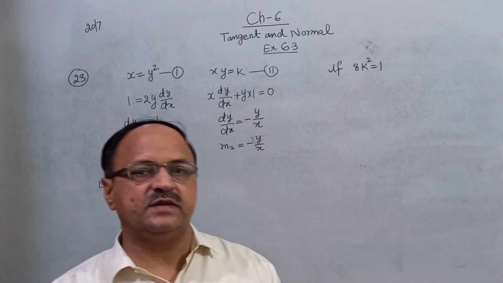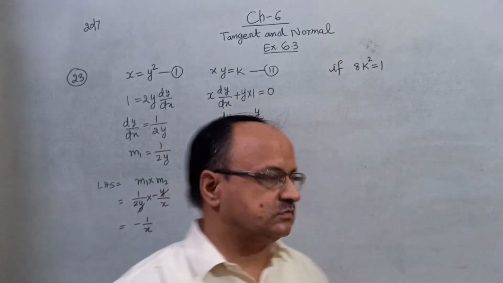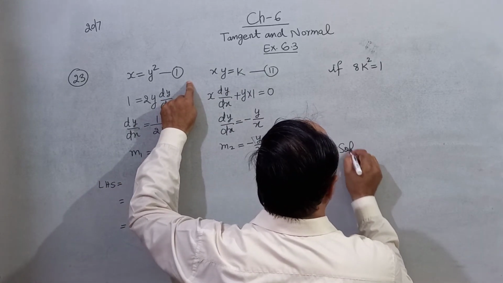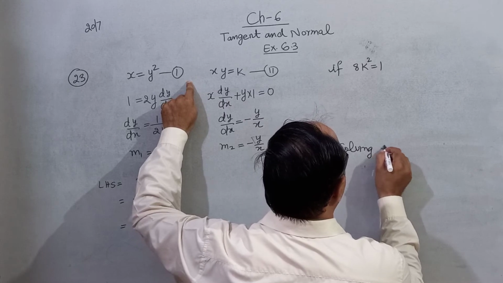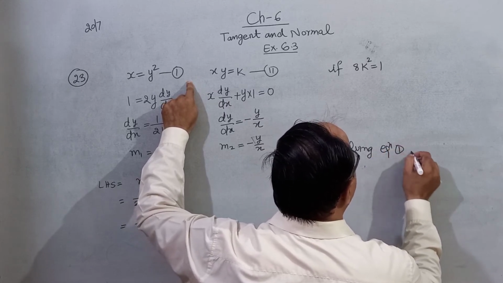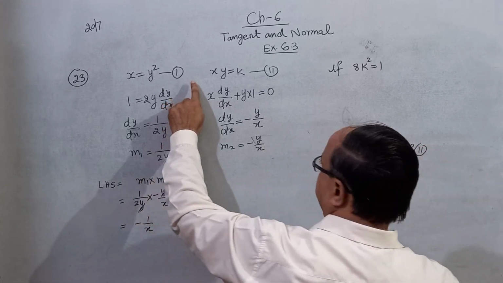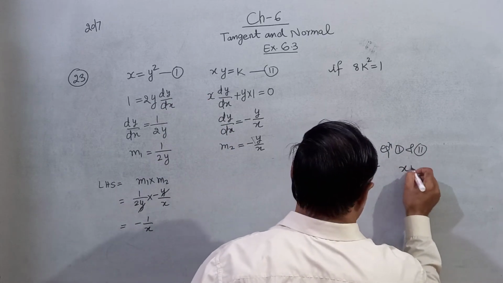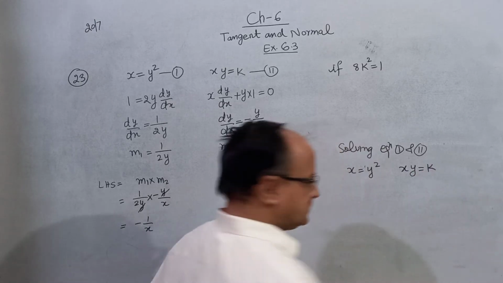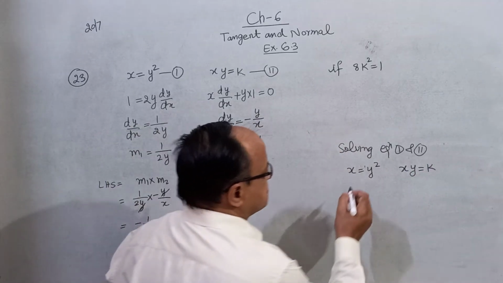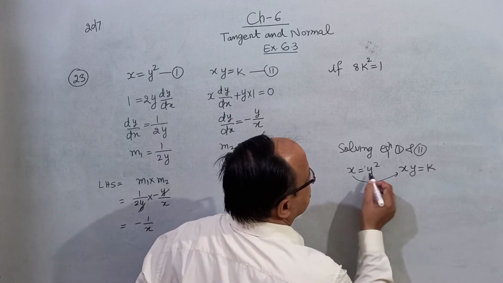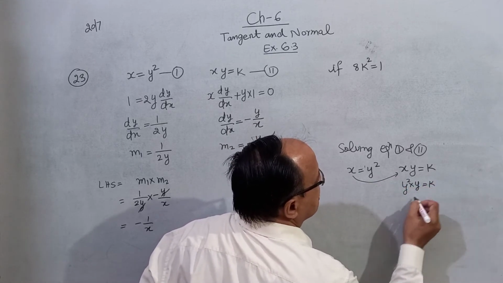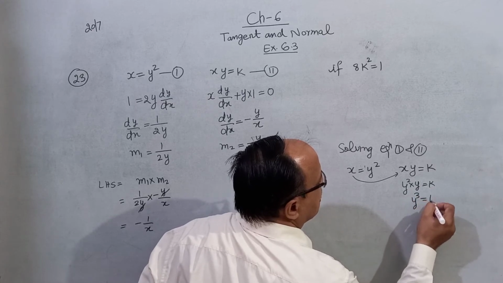For this we have to find the point of intersection of both the curves. Solving equation number 1 and 2, find the point of intersection. x is equal to y square and xy is equal to k. Put the value of x here, y square into y, that is k, therefore y cube is equal to k.